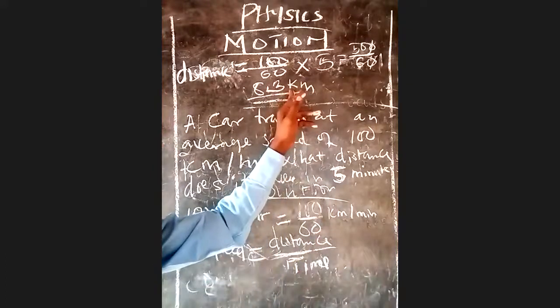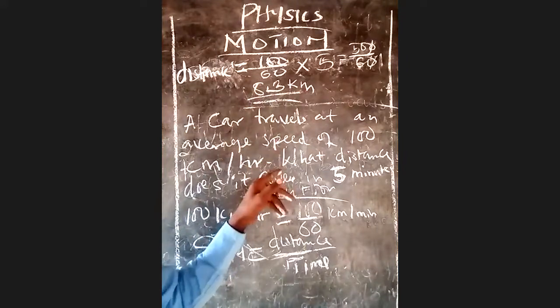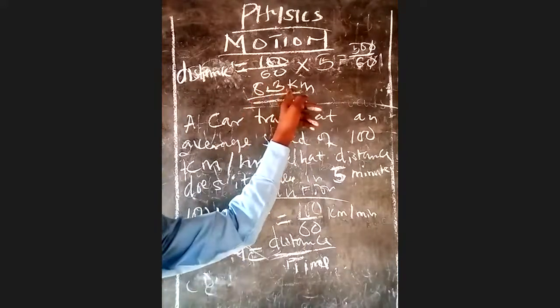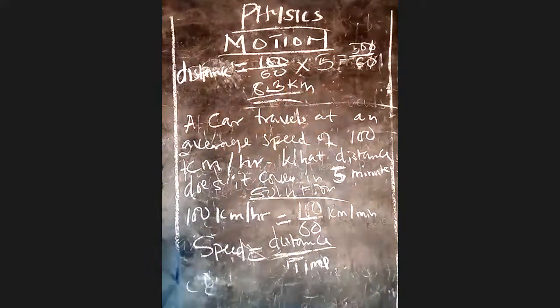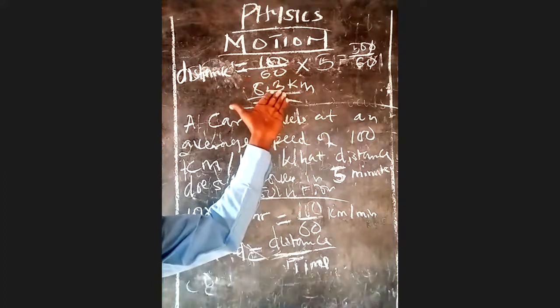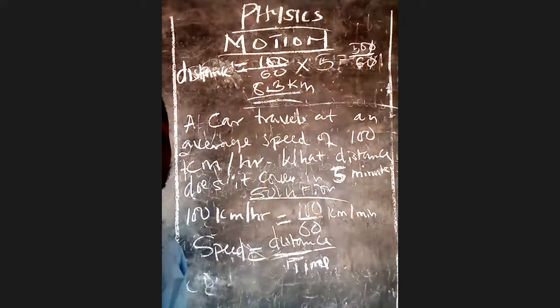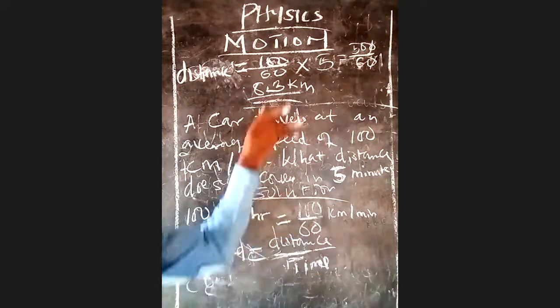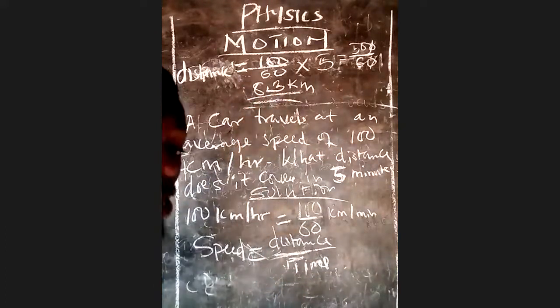But the reason this one is in kilometers is because the speed is given in kilometers per hour, and the answer must also be in kilometers. If the speed were given in meters, then the distance would also be in meters. But the speed is given as 100 kilometers per hour, so the distance will also be in kilometers.